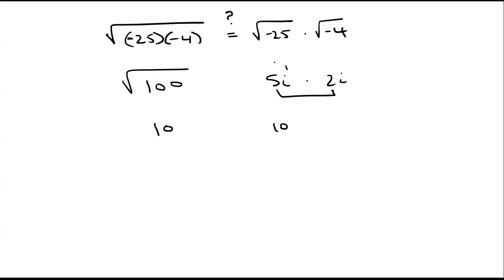Then we multiply the i's, that's going to give us i squared. Well, i squared is equal to negative 1. So we bring this 10 down, and 10 times negative 1 is going to give us negative 10. On the left side we get 10, on the right side we get negative 10. So these are not equal, and this statement is false.